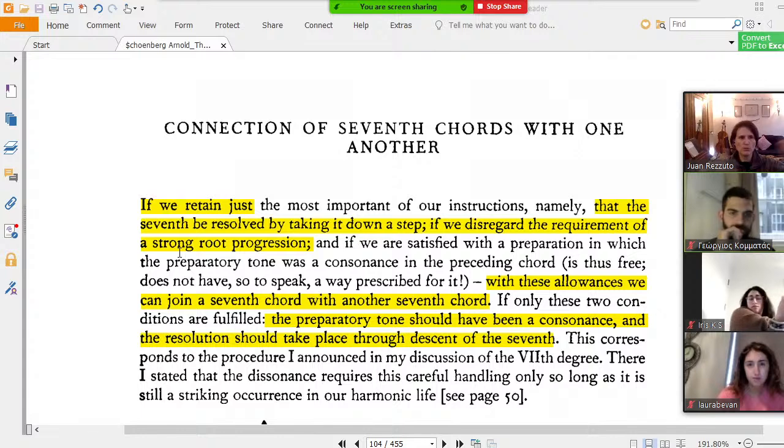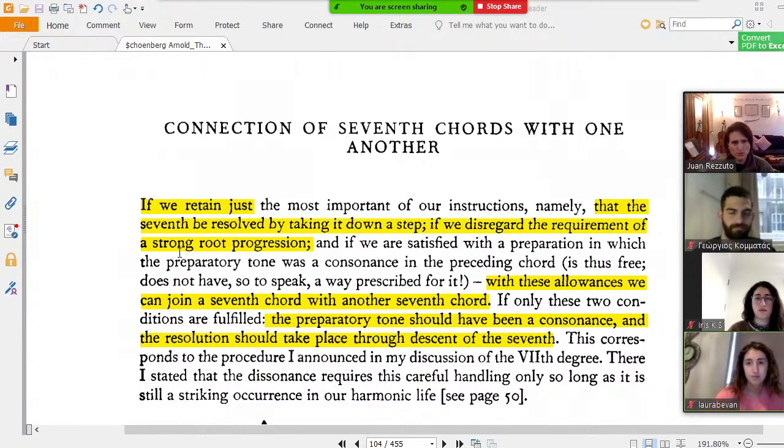What was the root progression that we needed to have in a seventh chord? A leap, a fourth forward, ascending. Exactly. Very good, Laura.